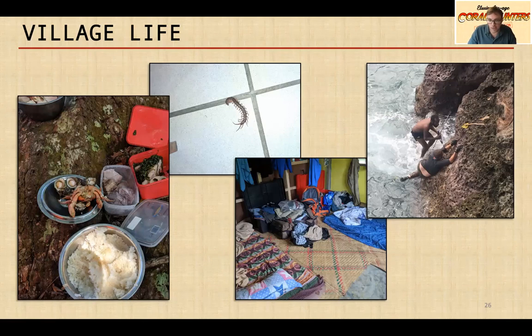We also had the occasional unwelcome visitor looking for leftovers in our sleeping quarters, which is what you see in the top center there. One visitor in particular was a poisonous giant centipede, and that's what you're seeing there. This is not the one that we encountered. This was one we ran into in Luganville at a restaurant, of all places.